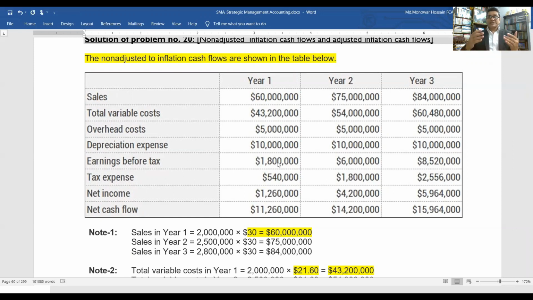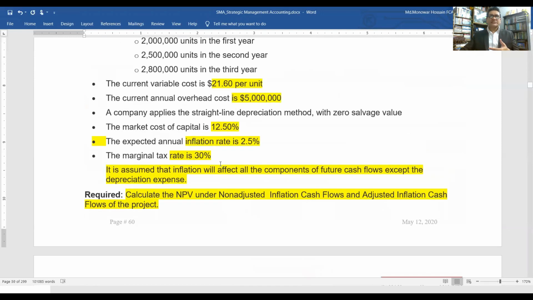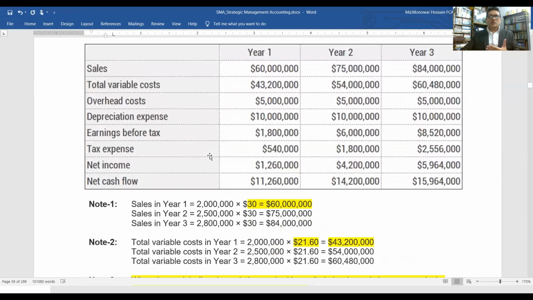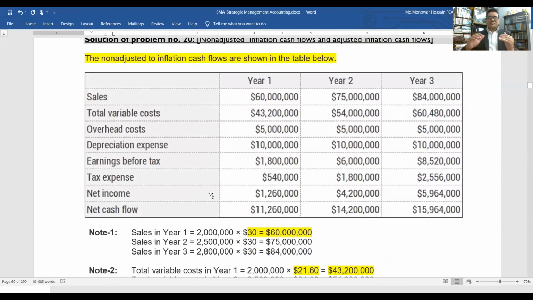So tax expenses, how much is the tax rate? The tax rate is 30%. So 30% of earnings before tax, that means 1.8 million multiplied by 0.3, then we get 540,000 as the tax expense.